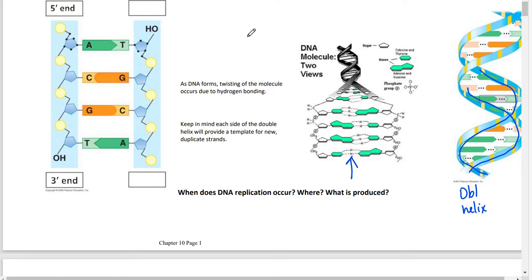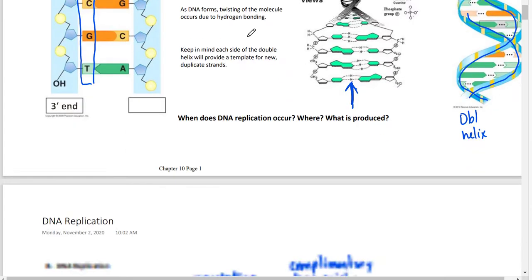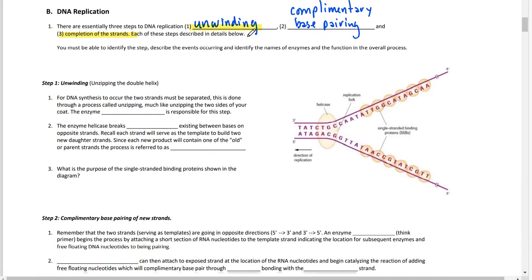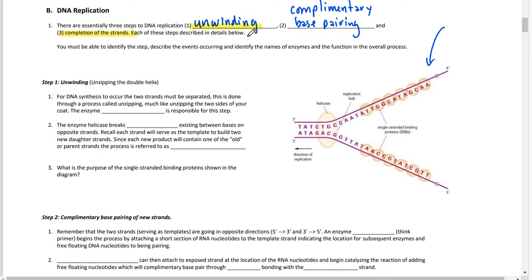So in order for DNA replication to occur, we have to expose these nitrogenous bases in order to create two new strands. In order to expose those nitrogenous bases, we have to break these hydrogen bonds and separate the two strands, hence unwinding. So that kind of looks like this picture down here.